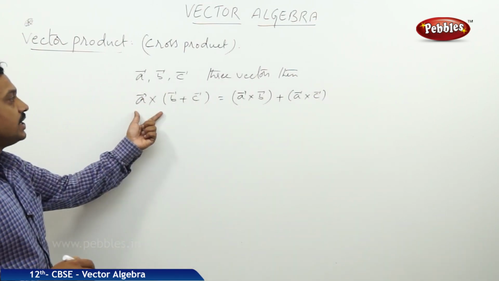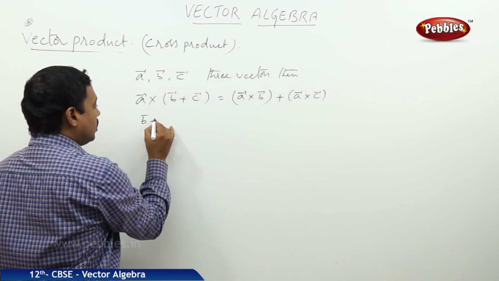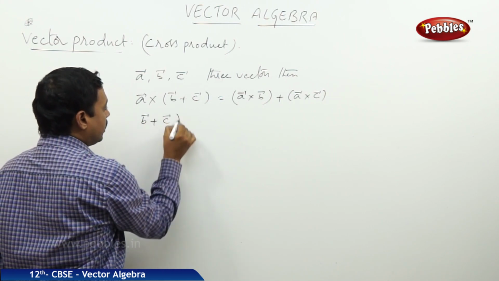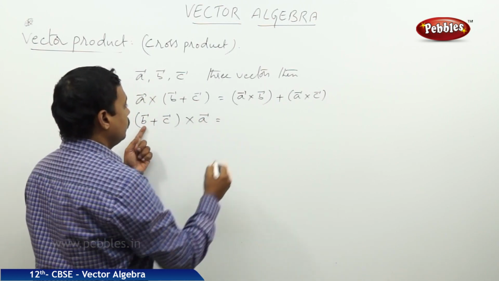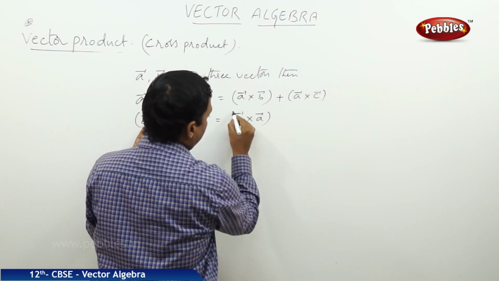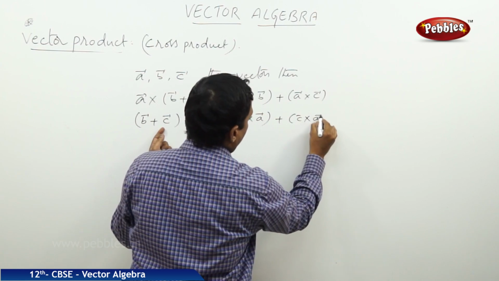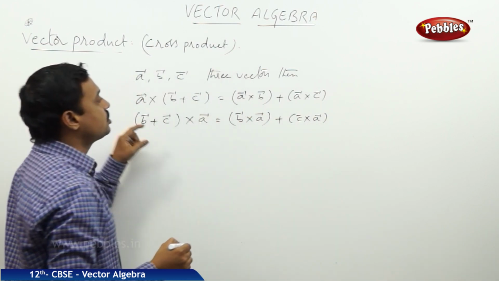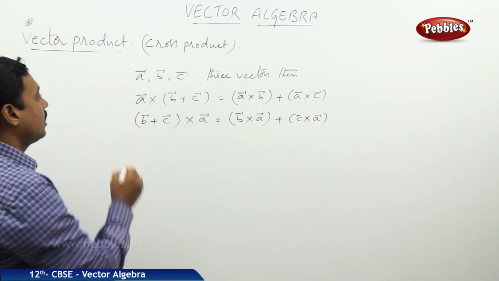Now this is a distributive property. Similarly, (B plus C) cross A is equal to B cross A vector plus C cross A. Now these are the two distributive properties defined on the given vectors A, B, C.